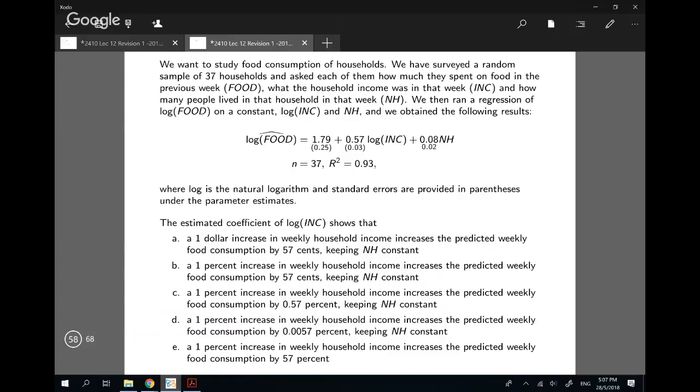C. So C, 1% increase in weekly household income increases the predicted weekly food consumption by 0.57%. So that's percent. That's correct because we have a log model, correct? So $1 should not be correct. 57 cents, not correct also. This one is divided by 100.